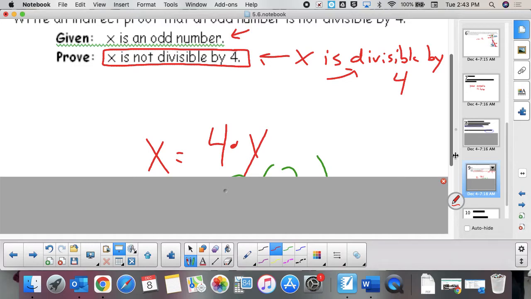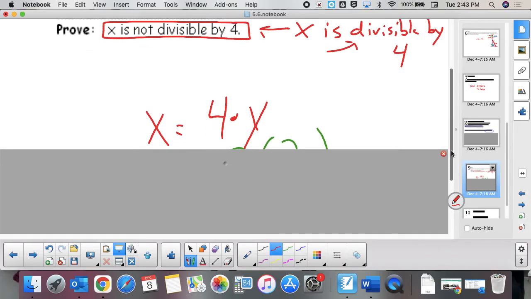For x to be divisible by 4, that means 4 has to go into it evenly. So x is going to have to equal 4 times something. So we're going to call it 4 times y. Right? For it to be divisible by 4, it has to be 4 times something.